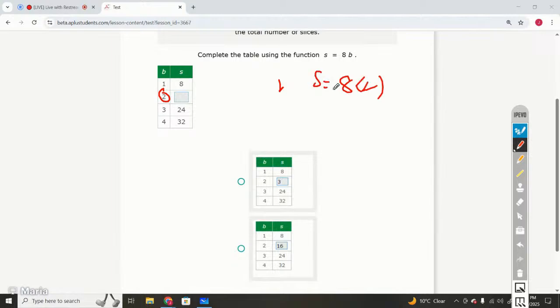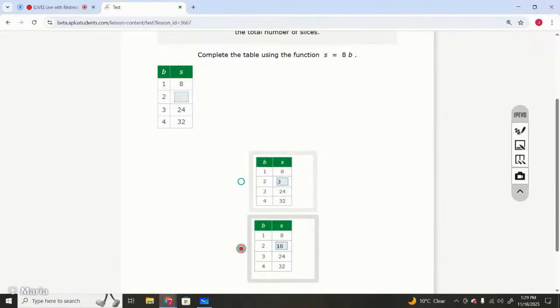So 8 times 2 is 16. So when b equals 2, s equals 16. Option number 2 is the correct option.